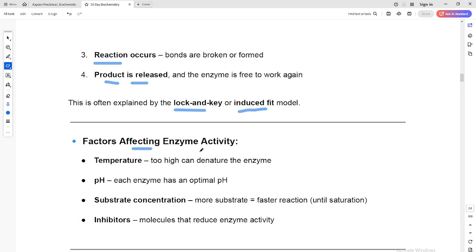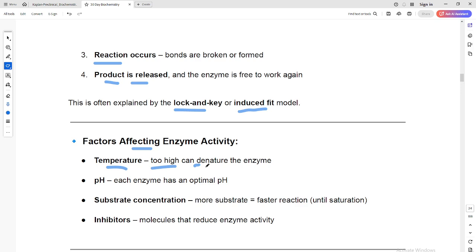Factors affecting the enzyme activity. Number 1, temperature. Too high temperature can denature these enzymes. They are protein in nature. What is meant by denaturation? It is the loss of the bonds responsible for the secondary and the tertiary structure.